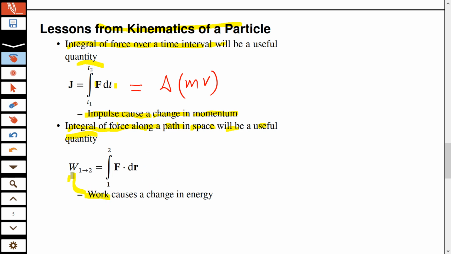We call it work. So work and impulse both represent the accumulative effect of forces. And we also found out that in a particular example this gives you a change in kinetic energy. Okay, got it?